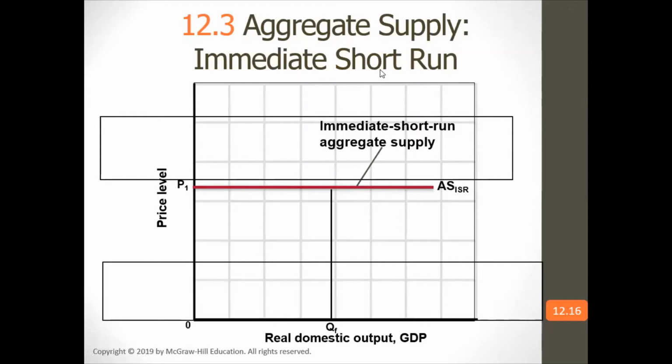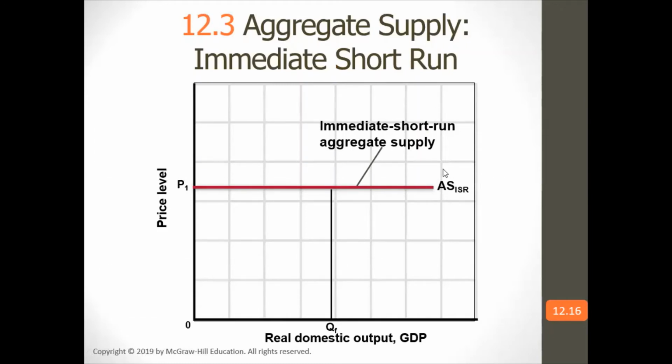The price stays constant across all levels of GDP, so the firm doesn't have to worry about costs changing. That's good for them. But as the long run approaches, they have to worry about costs changing.